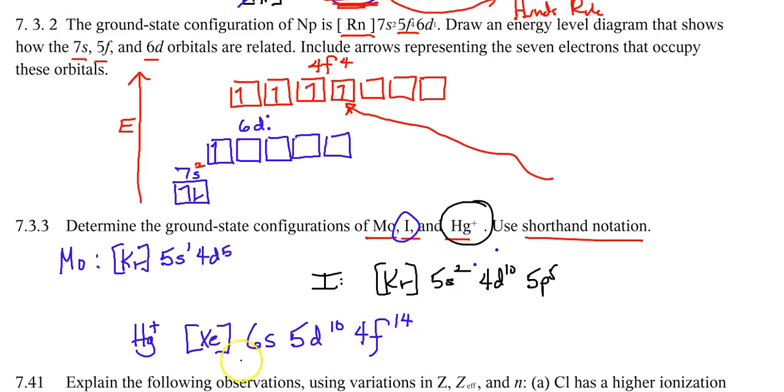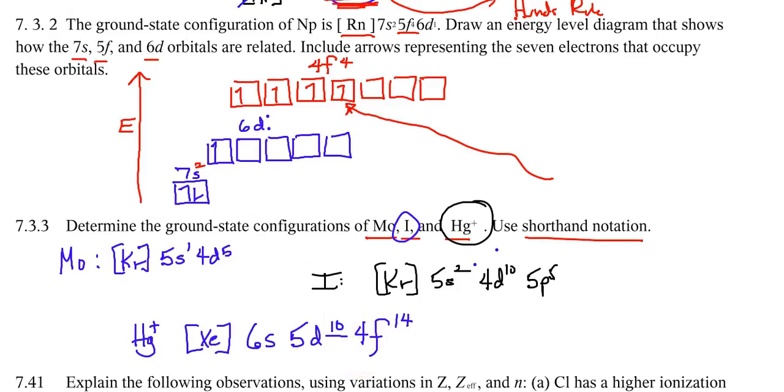Some people would say 6s, we start the 5d's and the 4f, and the d's come after. It won't matter, okay? I'm just keeping the d's together here. So if you say 5d1, then 4f14, and then 5d, I'm just going to write it together to show 10 electrons in the d. You can do this a couple different ways.